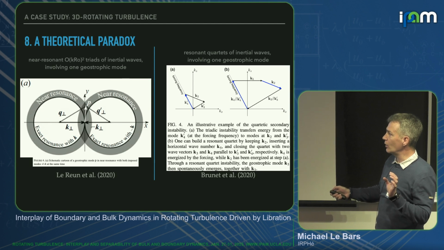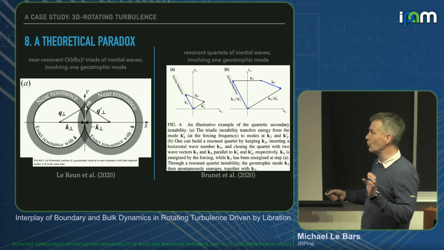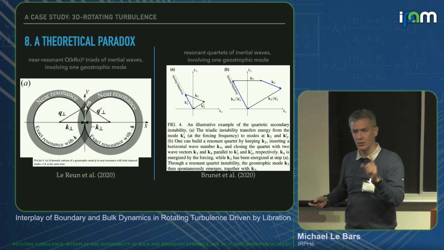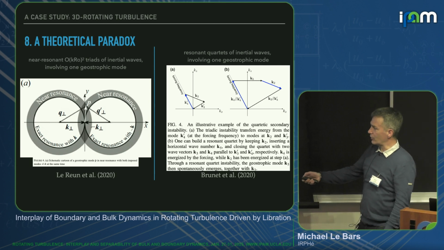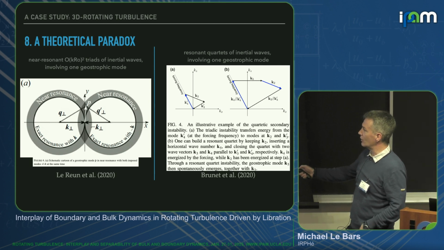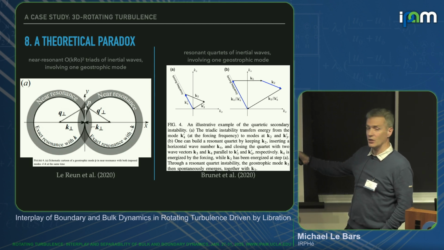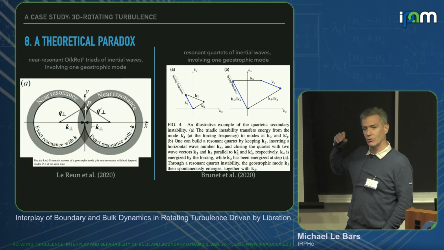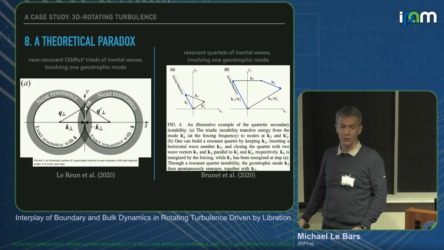And in that case, if you allow for triadic resonance of order Rossby squared, then you might find triadic resonance involving one geostrophic mode. The second theory is instead of doing triadic resonance, you do 4-wave resonance. And then you might find resonant 4-wave interaction involving one geostrophic component.